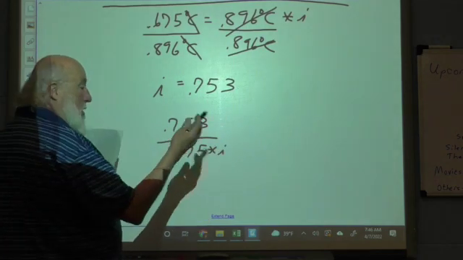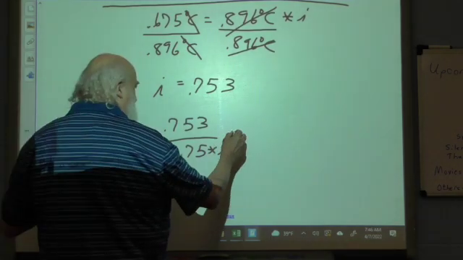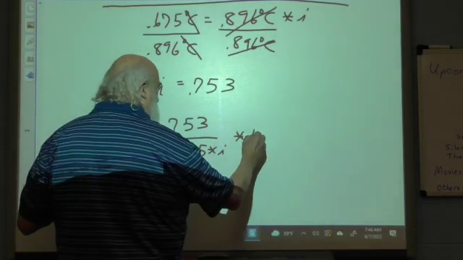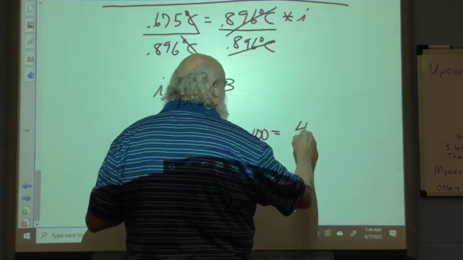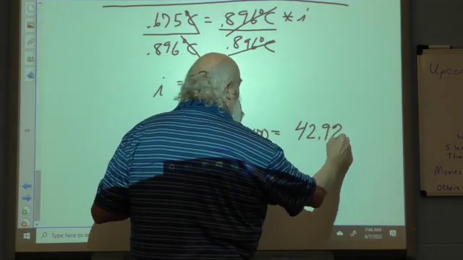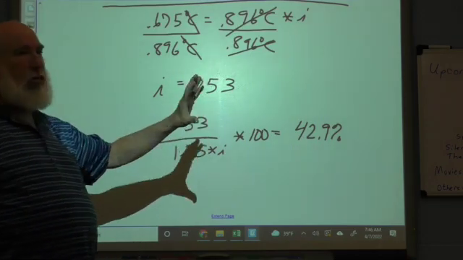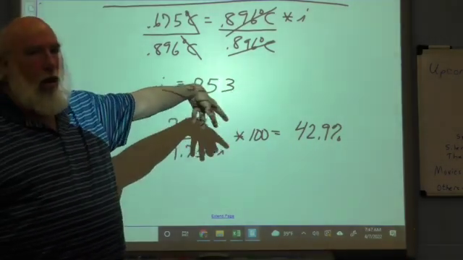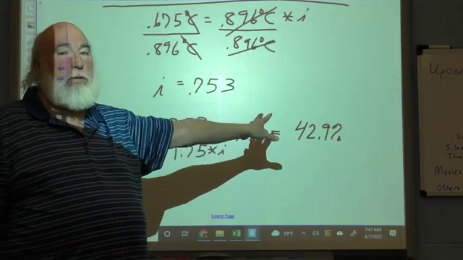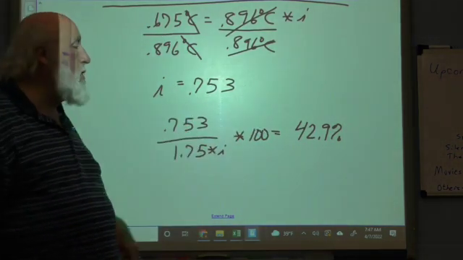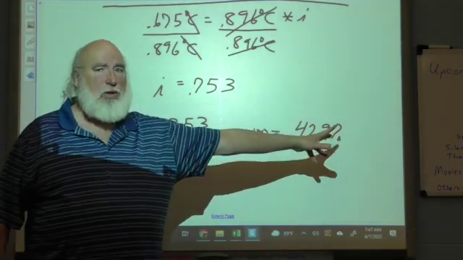But we'll just say I is 1 and then go from there and make our assumptions from that. And then turn that into a percent, so multiply by 100. And it turns out that this is going to be 42.9%. So that means if it was a covalent compound, then it's only going to dissolve 42.9%. If it was ionic, it would be less than that, because there's more parts being broken down. So this tells us that this is a pretty incomplete dissolving.